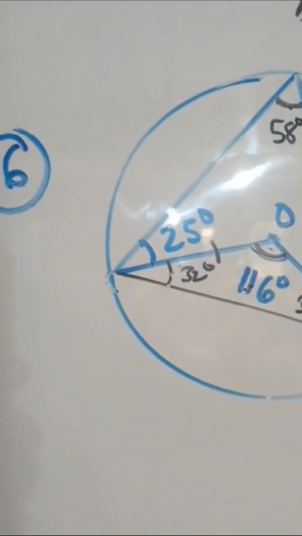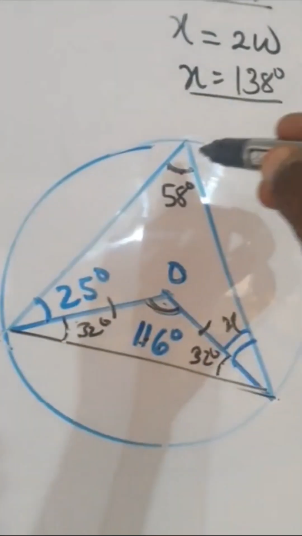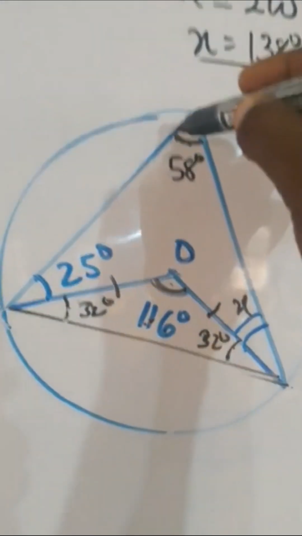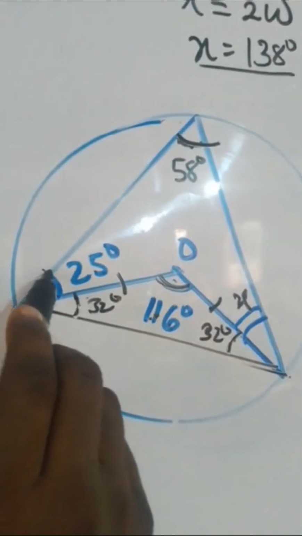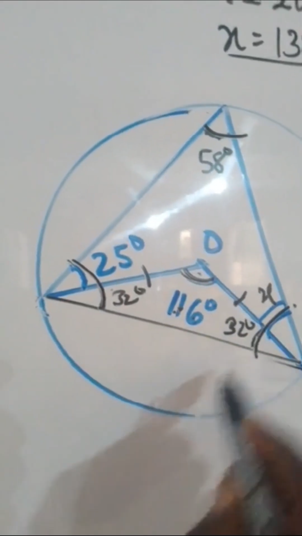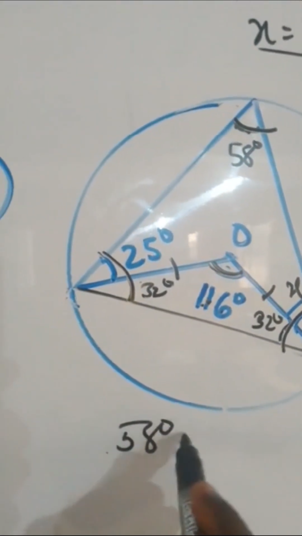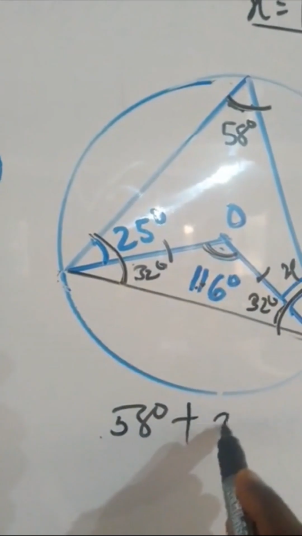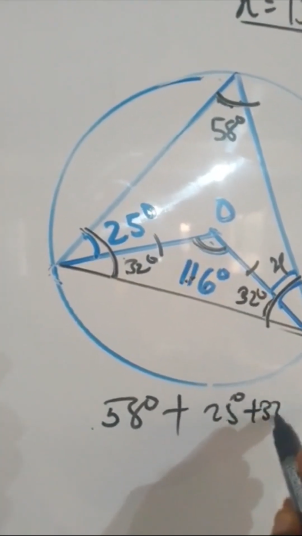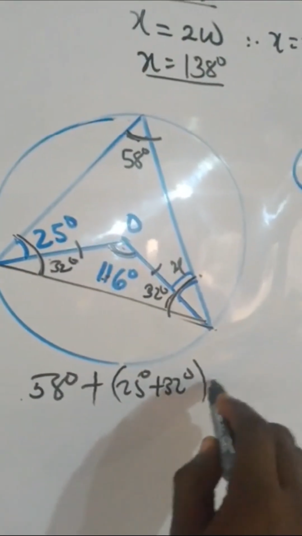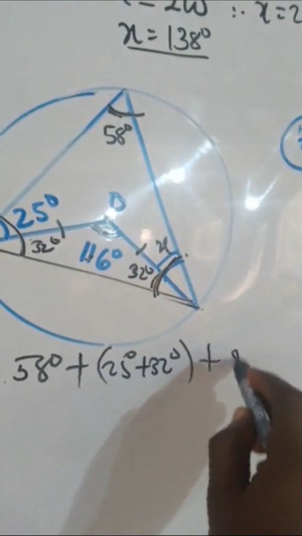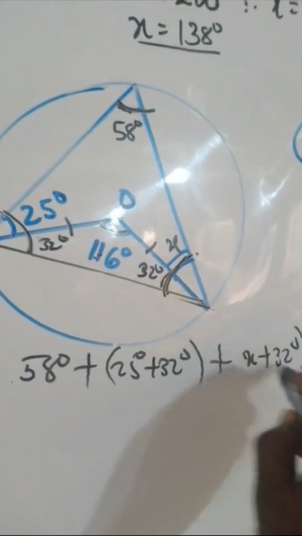Now we can apply angle sum in a triangle. For this whole triangle, this is 58. We'll take this one together. So let's add 58 degrees plus these two together. 25 and 32, right? Then x with 32 gives what?